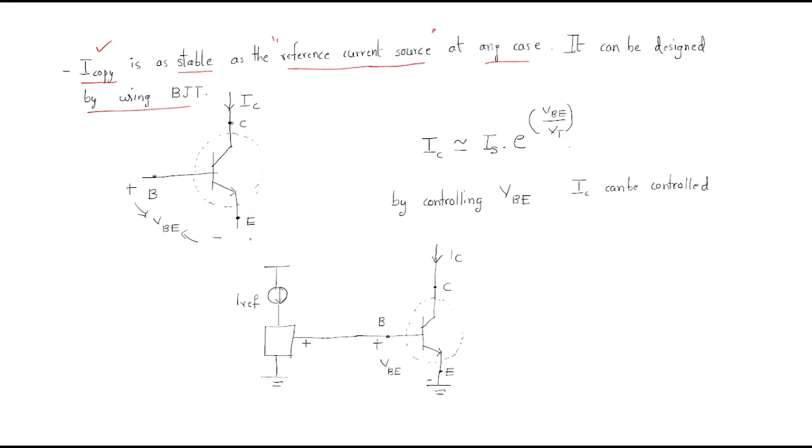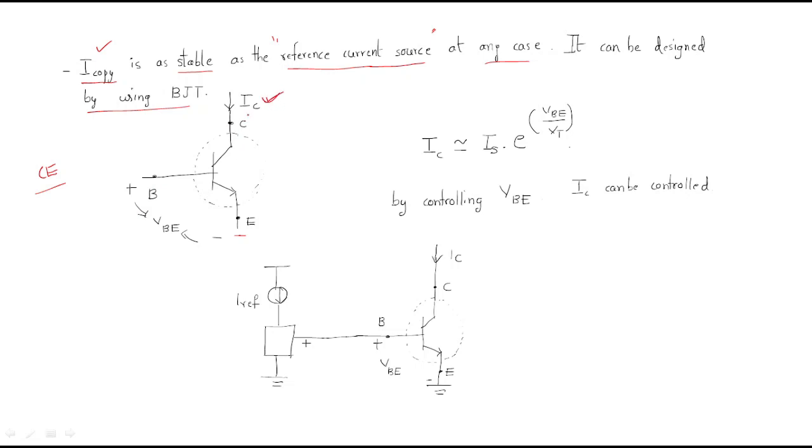You know that generally we are using a common emitter BJT. That's why the emitter is like this. This is the base, this is the collector, and the input voltage is the VBE, positive for base, negative for emitter, and the generated current will be the collector current.